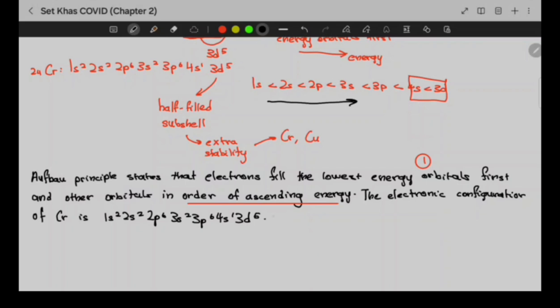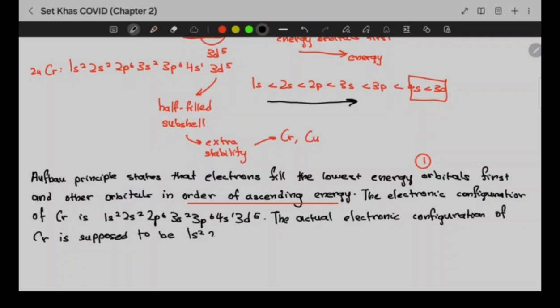But then you can say that the actual electronic configuration of chromium is supposed to be 1s2, 2s2, 2p6, 3s2, 3p6, 4s2, and 3d4.